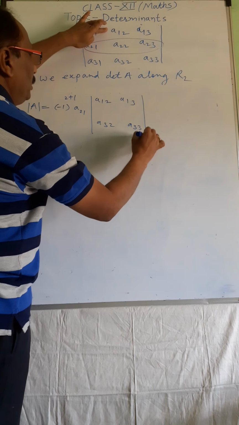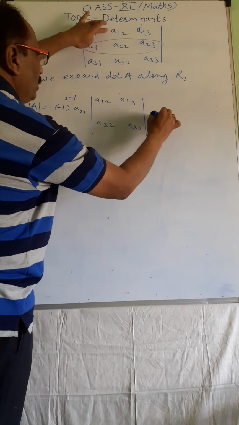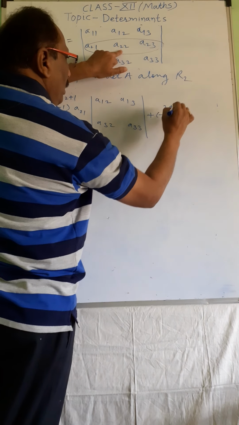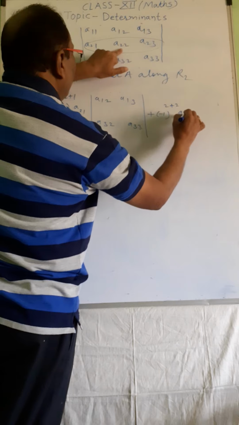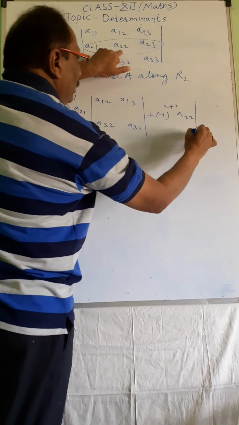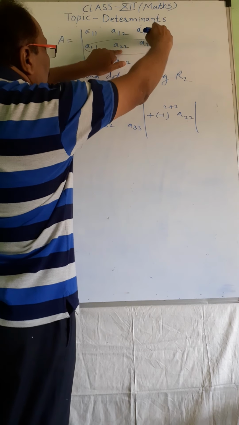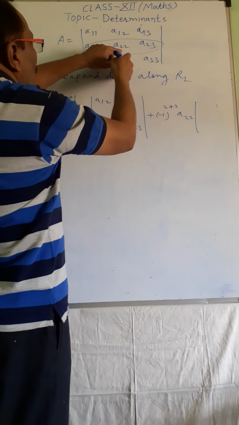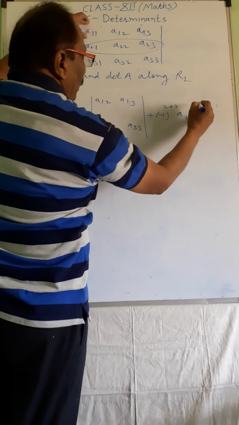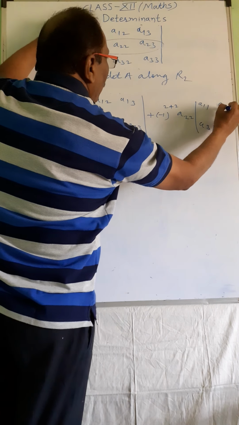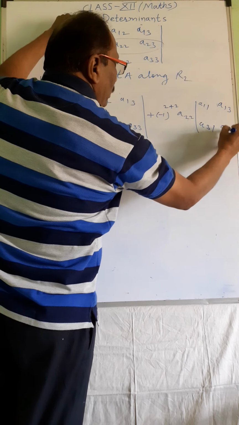Then plus minus 1 raised to power 2 plus 2 for the element A22, and the determinant: delete second row and second column, the elements left over are A11, A31, A13, A33.